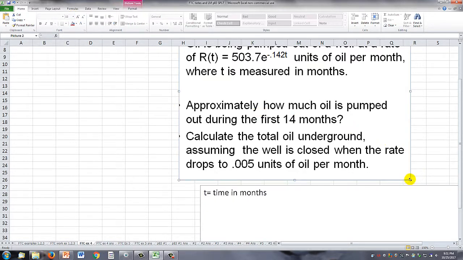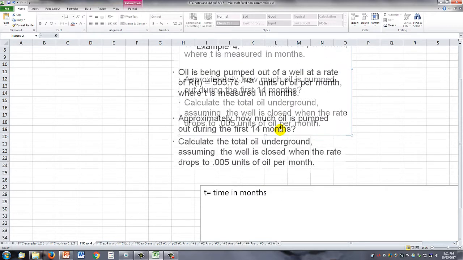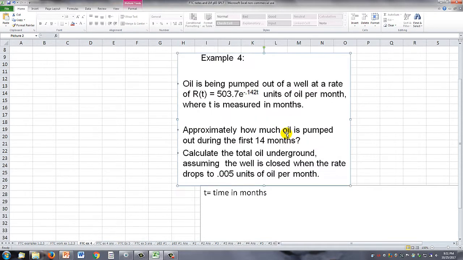Okay, and notice that R of t is not just a regular function. It is a rate of change. So the word rate's a huge hint, and then the units are a huge hint. So R of t is a rate.